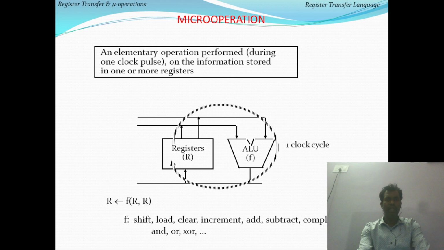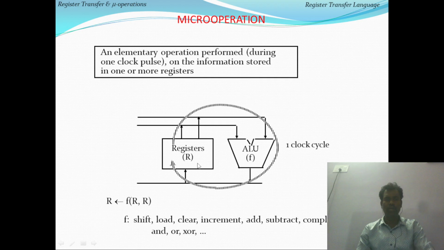It is represented with a simple diagram. A register is connected with the internal bus, and the ALU is connected to the internal bus input and output. Multiple registers are there, and one will be selected from the multiple registers.